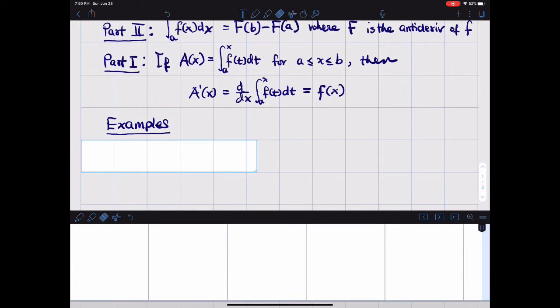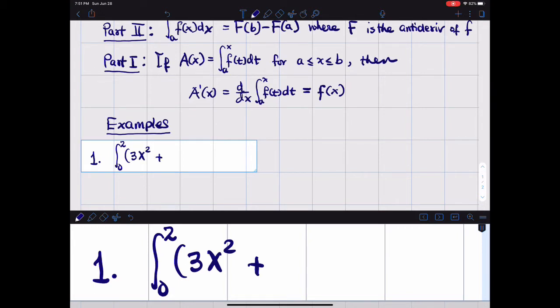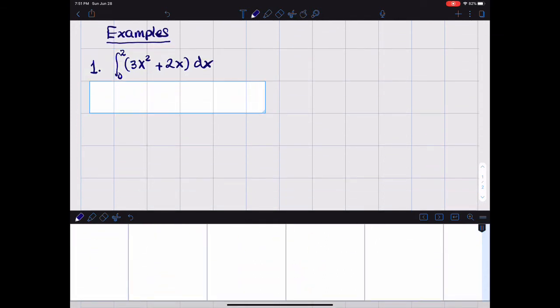Number 1. Let's find the definite integral of 3x squared plus 2x dx. The fundamental theorem of calculus says take the antiderivative.